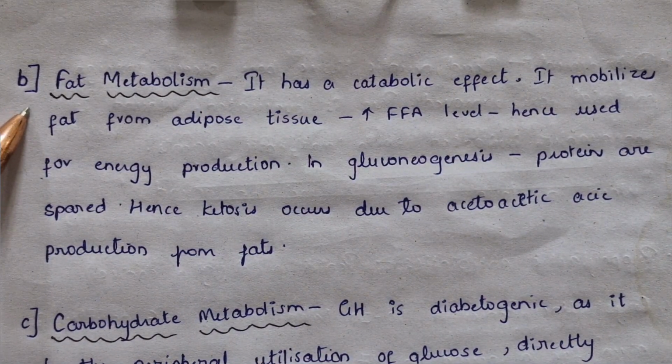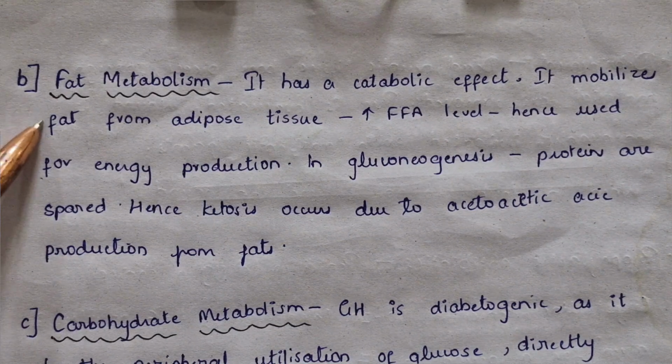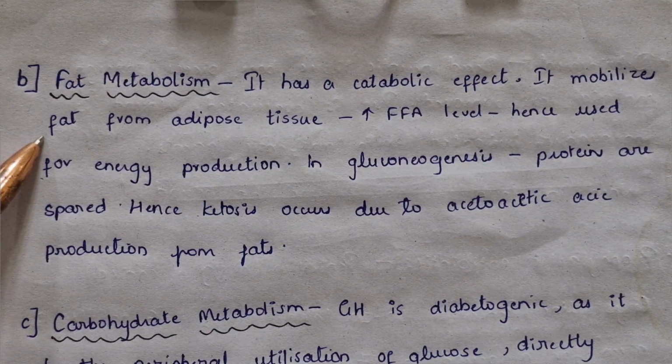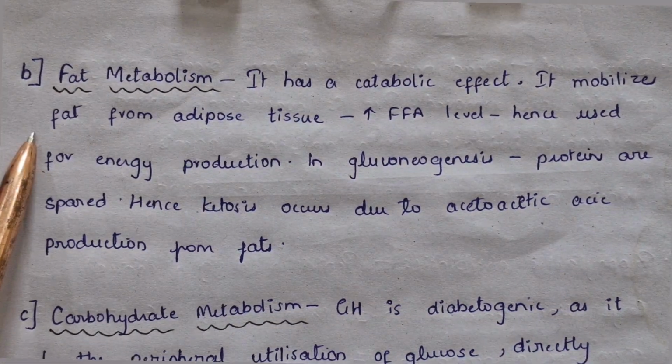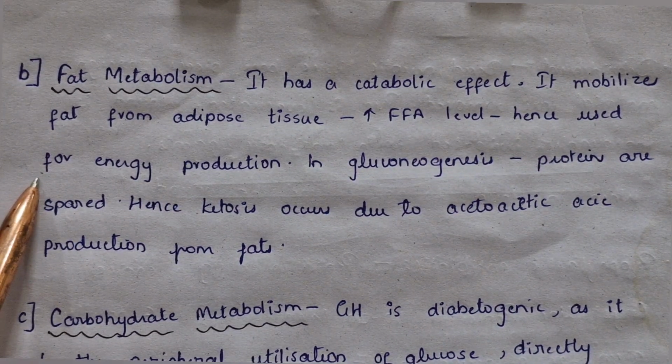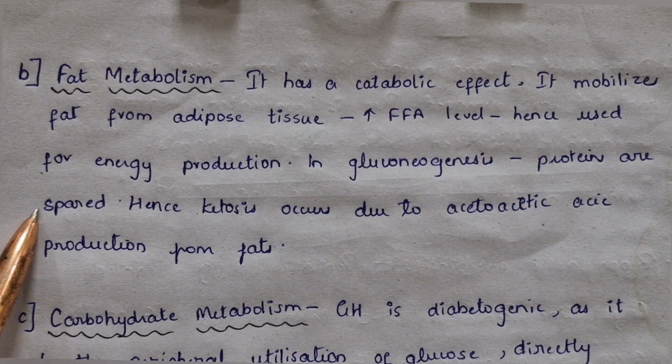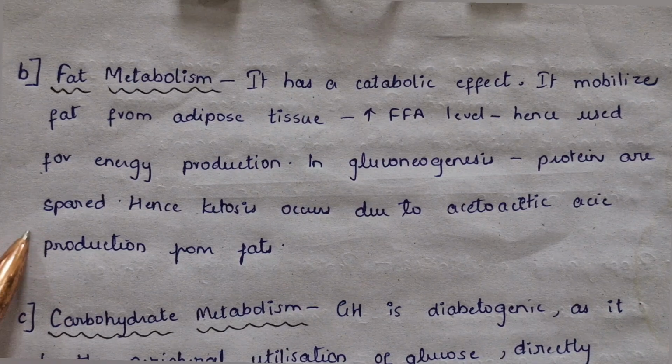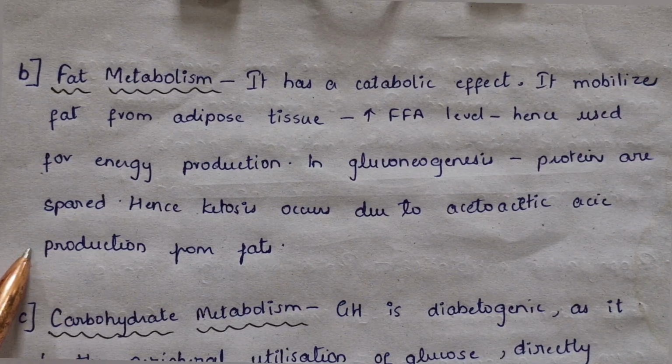It has a catabolic effect. It mobilizes the fat from the adipose tissue, increases the free fatty acid level, hence used for energy production. In gluconeogenesis, proteins are spared. Hence, ketosis occurs due to acetoacetic acid production from fats.